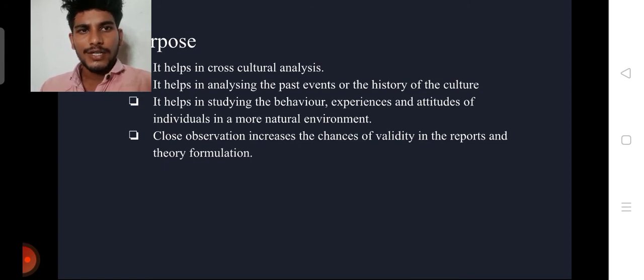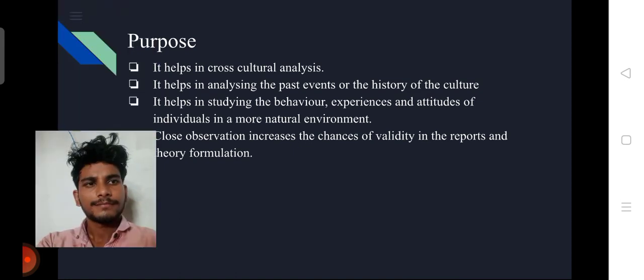Because the researcher does close observation, the study gets more validity in the reports and in the formulation of theory.